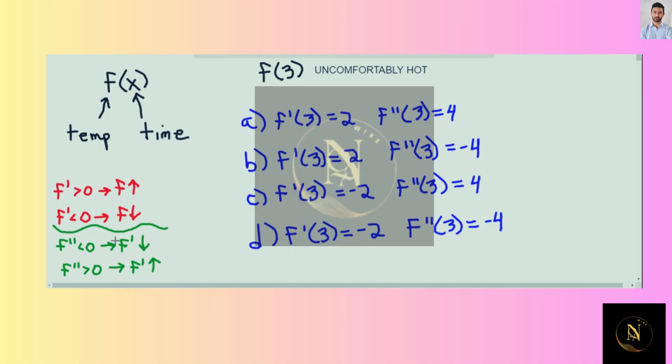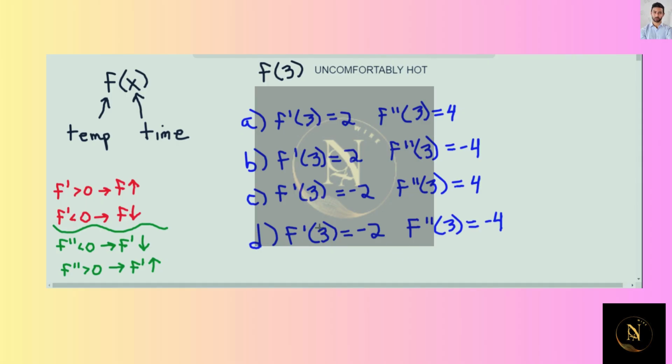F double prime is negative. If F double prime is negative, then F prime is decreasing. So F prime is already negative. F double prime being negative means F prime is going to continue to decrease, which means it's going to be more negative, meaning the temperature is going to come down faster and faster.